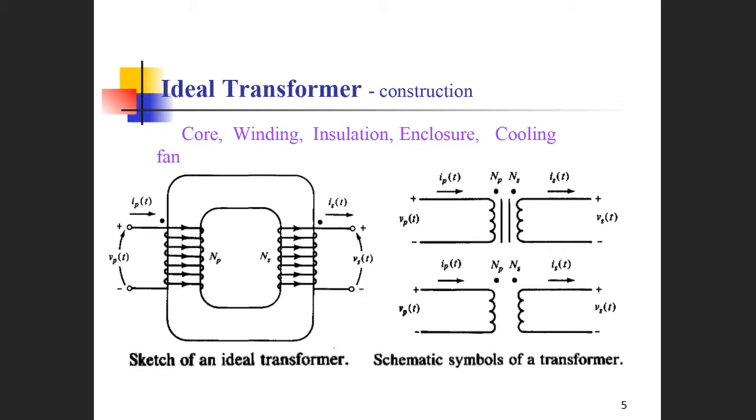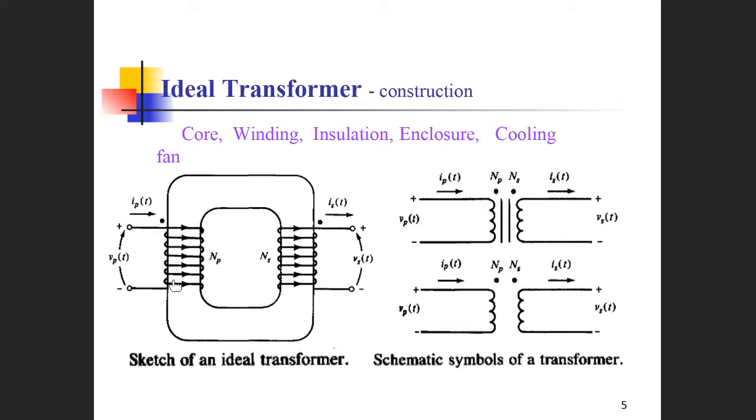Then we use the transmission line to transfer the high voltage electricity into the city or into the homes. Then we use step-down transformers to make the high voltage a low voltage, so that we can use low voltage in homes or in the buildings.